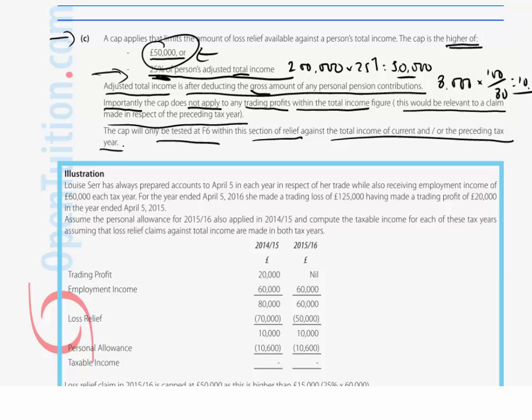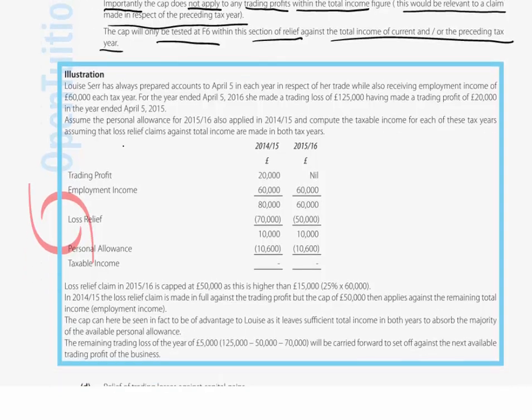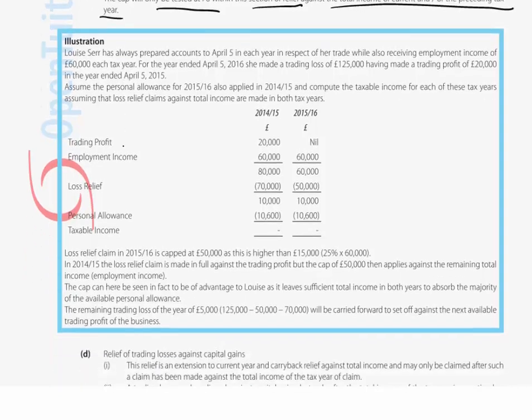A little bit later, hopefully, we'll get an introduction to a very specialist relief available in opening years that also goes against total income, and where too this cap would in practice apply, but that won't be tested. It will only be tested here, this cap, in the context of current and or preceding year relief. So let's have a little look at our illustration here.